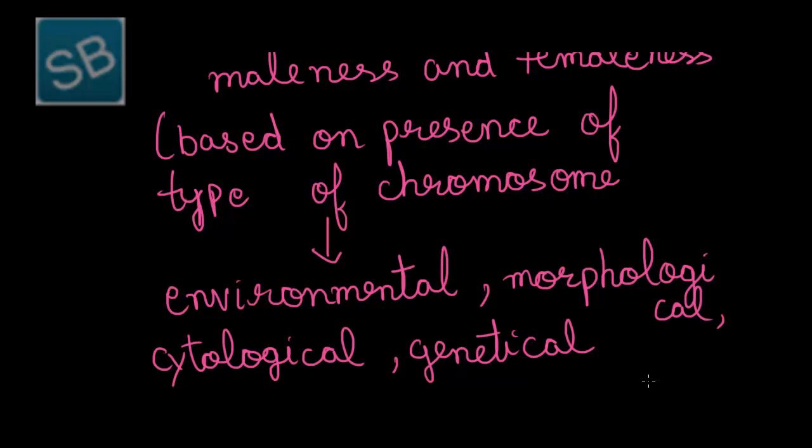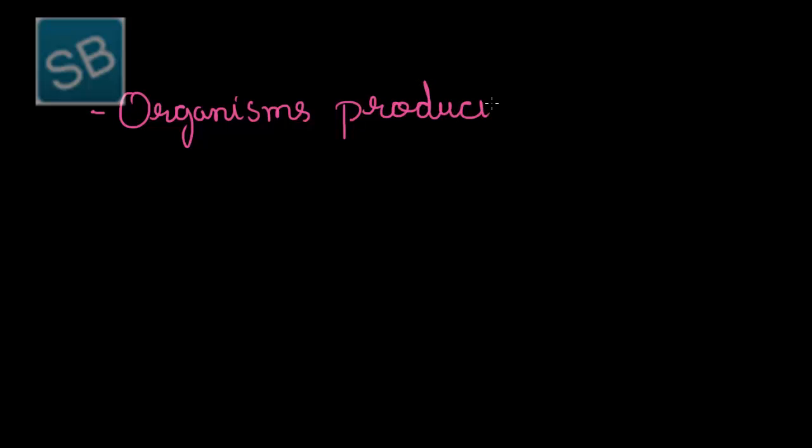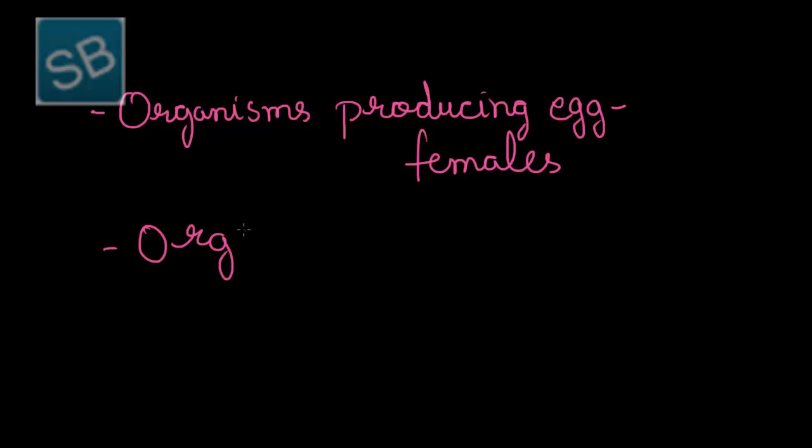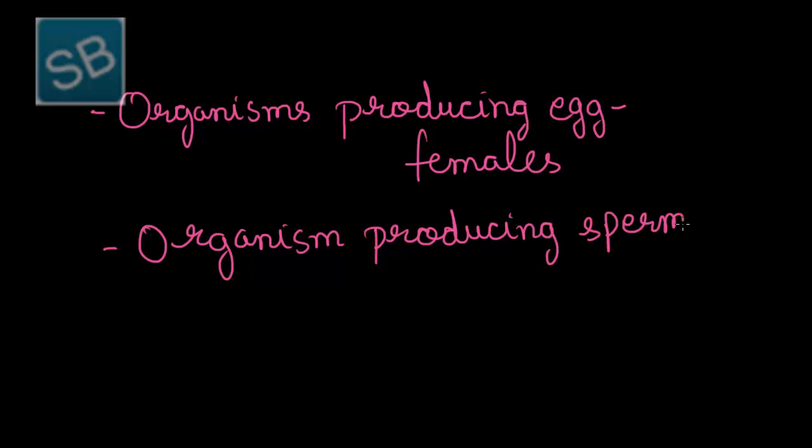However, mainly these were the factors that controlled and influenced sex determination. Thus, on this basis it was proved that the organisms producing eggs are called females, while the organisms that produce sperm are called males.